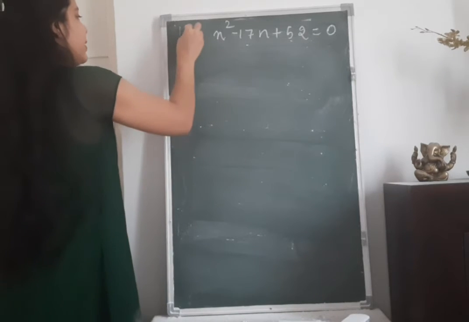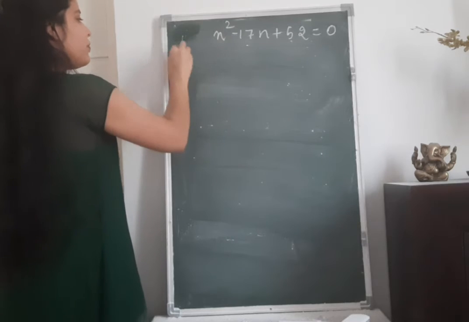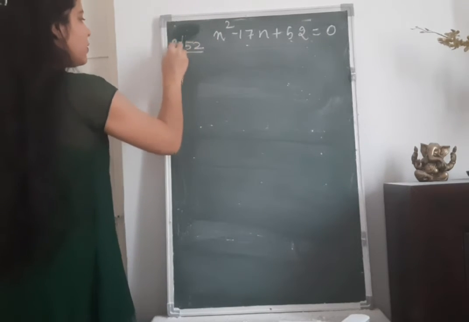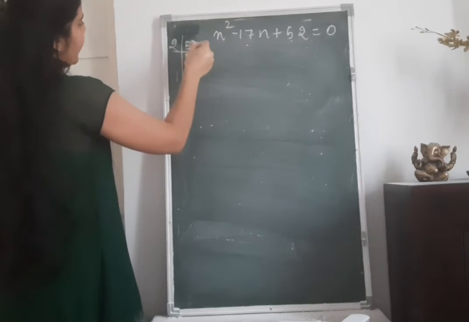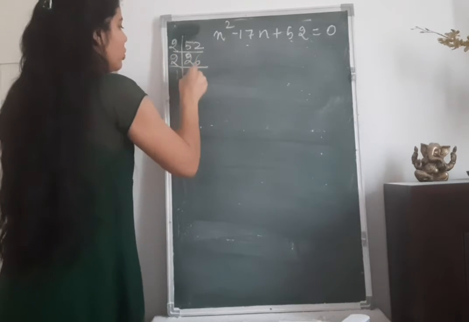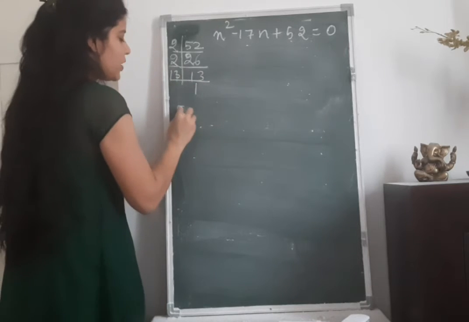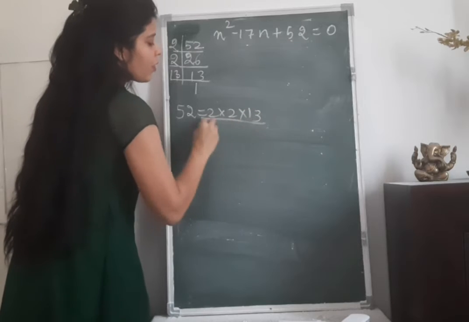Factors, that is 13 and 4. If I calculate the factors for 52, it becomes 2 2s are 4, and 2 13s are 26, so 13, 13, 1. So what are the factors of 52? Factors for 52 is 2 into 2 into 13.